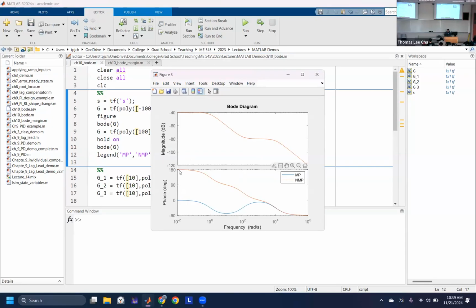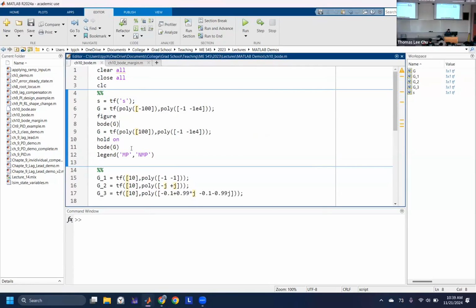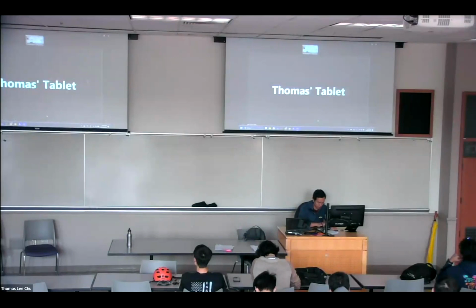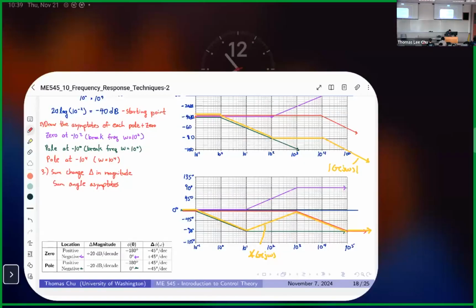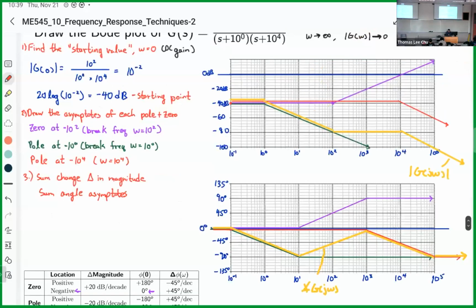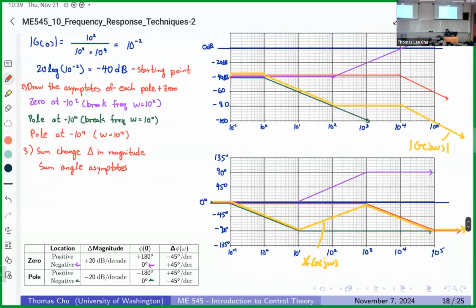The starting angle is going to be at 180 degrees now. Right, so that's how you use the table as well for real zeros and poles.